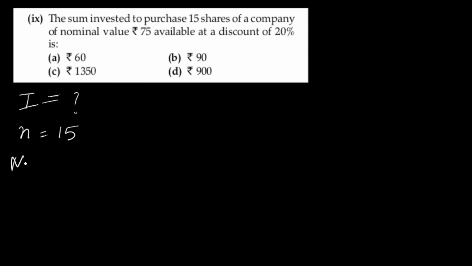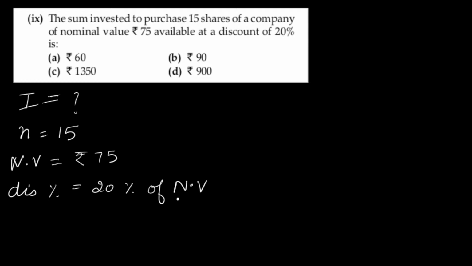Nominal value NV is given to us as 75 rupees, available at a discount. So the discount percent is equal to 20%. I have already told you, write it like this: 20% of NV. Discount and premium, we always have to write as a percentage of nominal value.